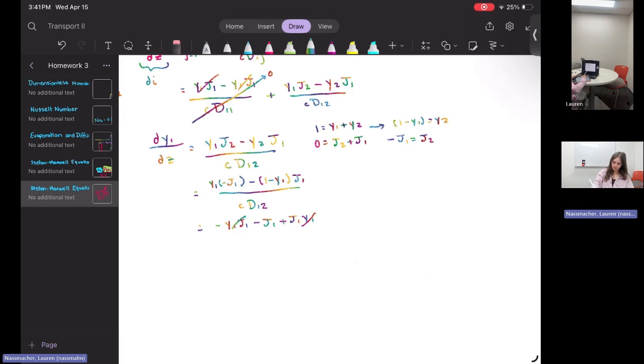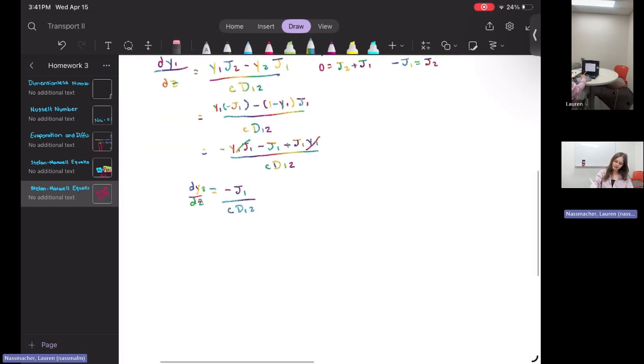These cancel out. That's over concentration times our diffusion coefficient. So our final answer is that our diffusive flux over concentration times our diffusion coefficient is equal to this derivative. And if we actually multiply everything over, we find that this is actually Fick's law.